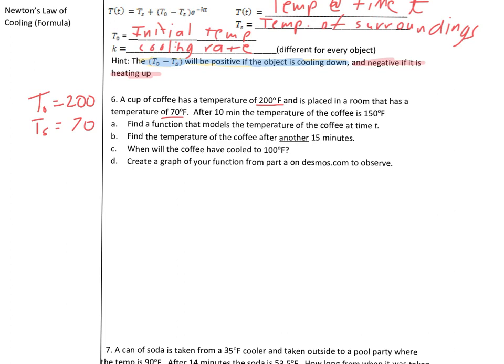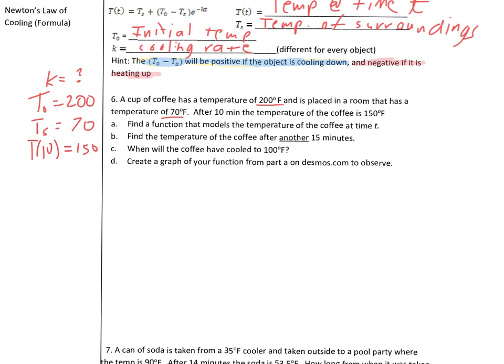It does not tell us k, so our first goal here is to find k. But it does tell us that after 10 minutes, so T of 10, it is 150 degrees. So I'm going to take the formula and plug in everything I know here.